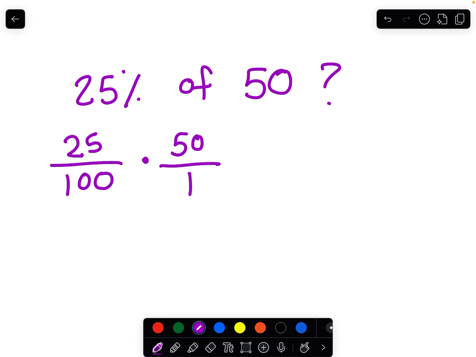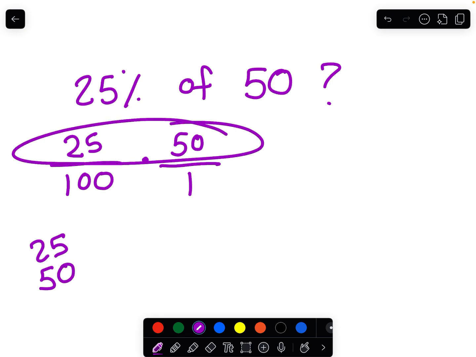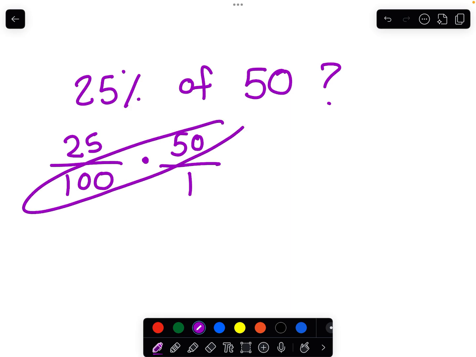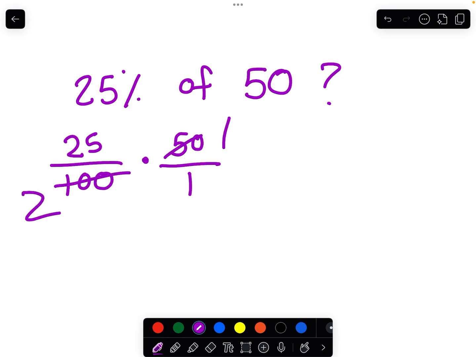We can just multiply straight across, 25 times 50. There is actually an easier way. If you've learned to cross multiply, we have 50 over 100, which we can turn into 1/2.